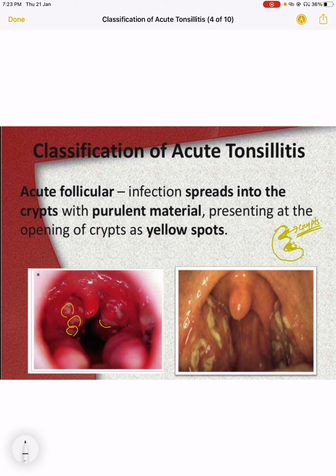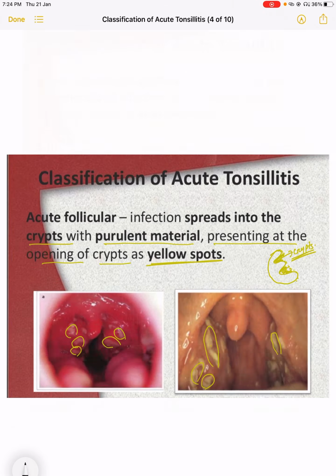See, the infection spreads into the crypts with the purulent material presenting at the opening of the crypts as yellow spots. Fine. This is the stage of follicular tonsillitis.